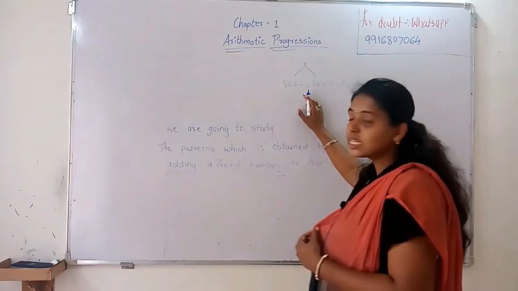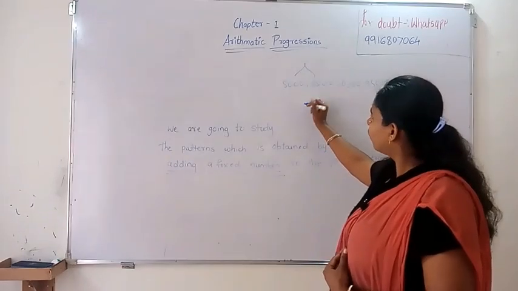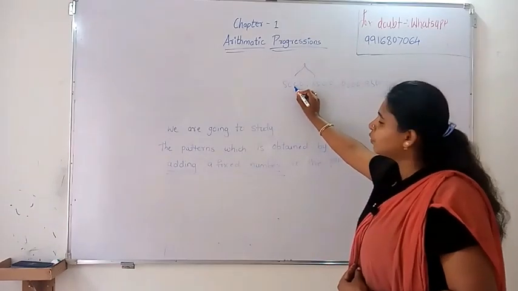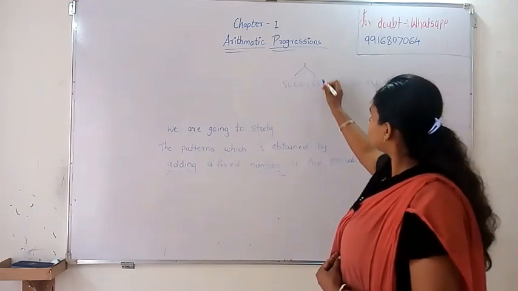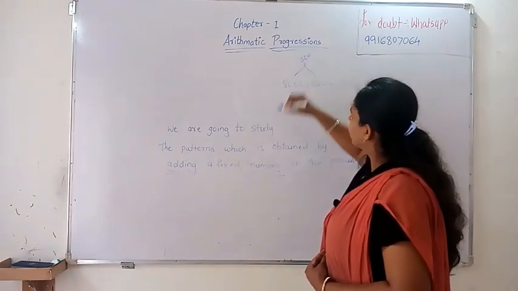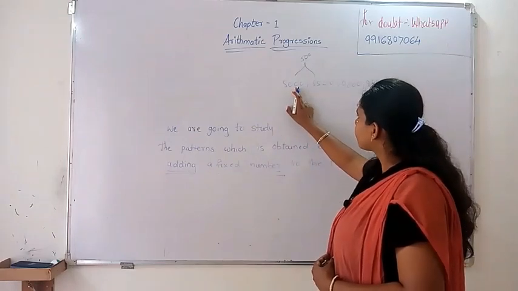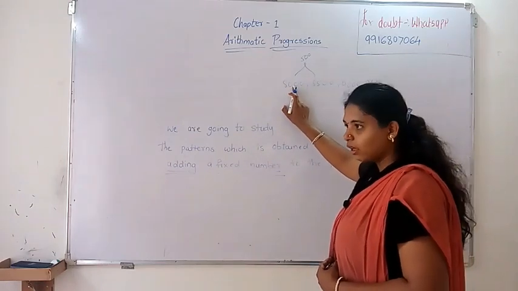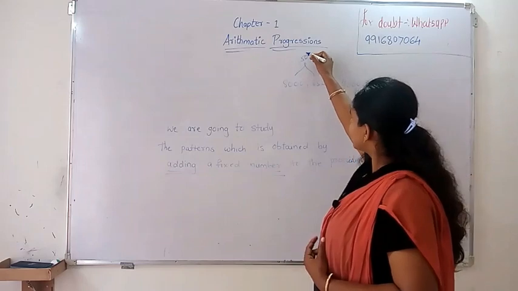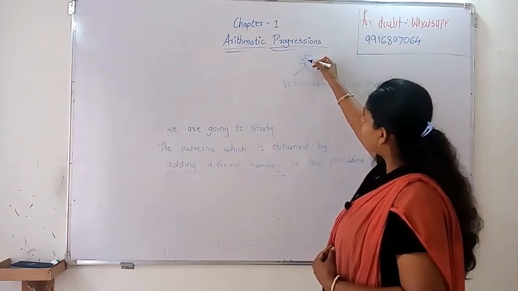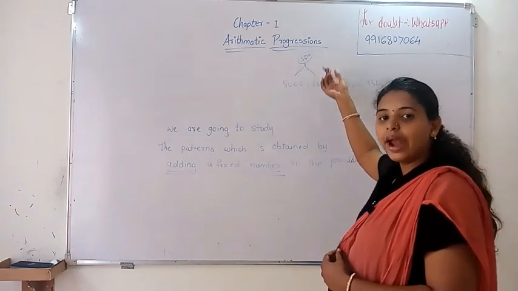Observe here, the difference between this number and this number is 500, correct? We are increasing by 500, which means we are adding a fixed number. Which is that fixed number? 500, because the same number is getting added every time.